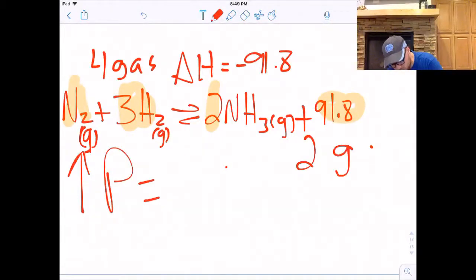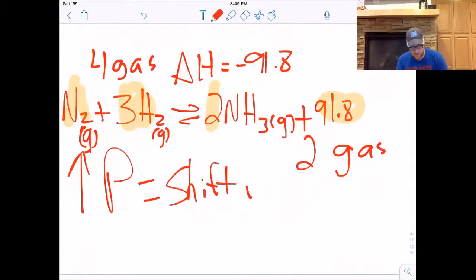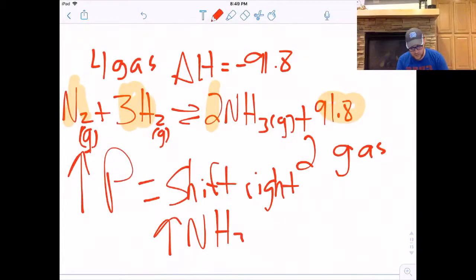Pressure is the hardest one. A decrease in pressure for the reaction above will do the opposite and shift left. A decrease in pressure being an increase in volume means the reaction wants to do the opposite and try to increase the pressure again, try to decrease the amount of volume that you've just created.